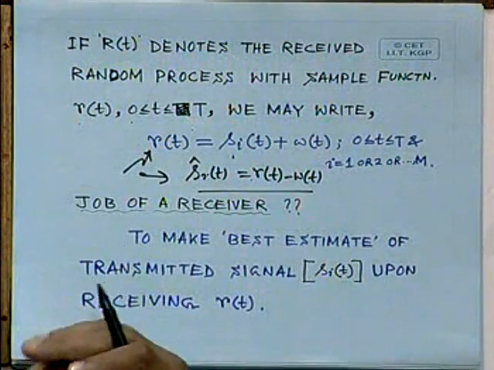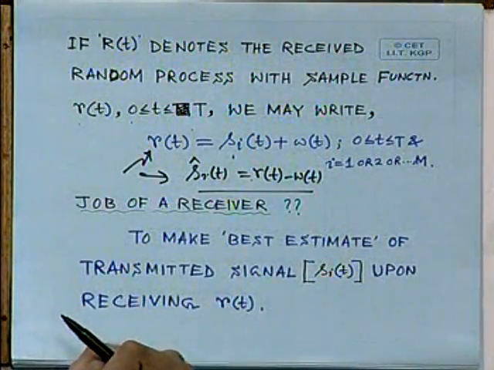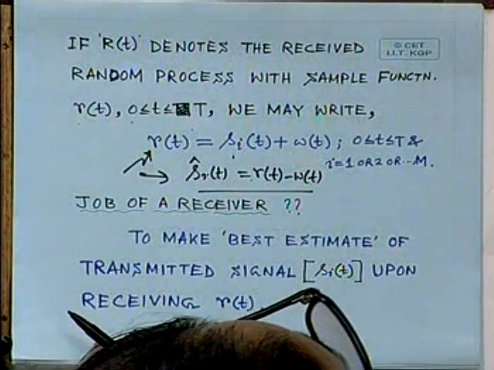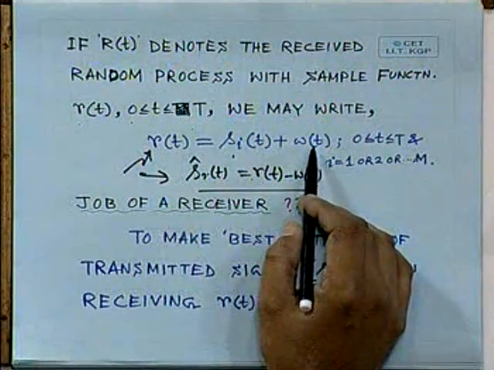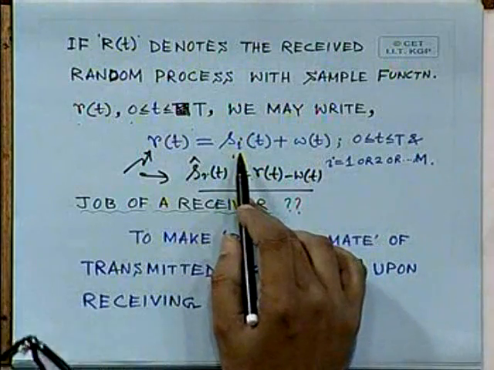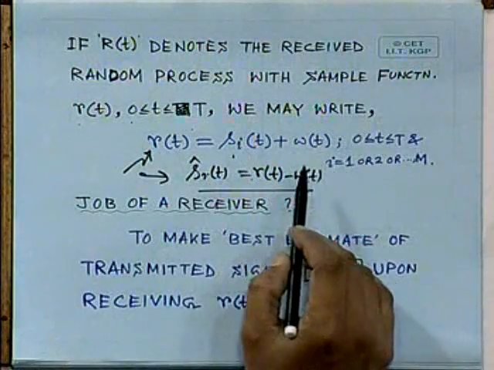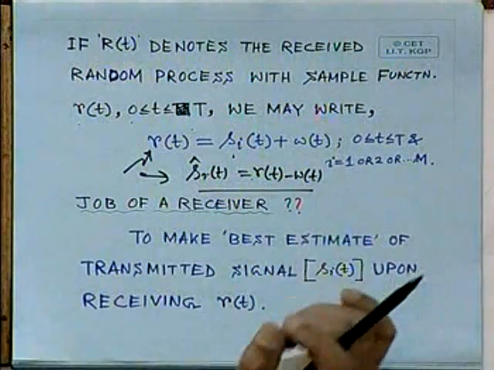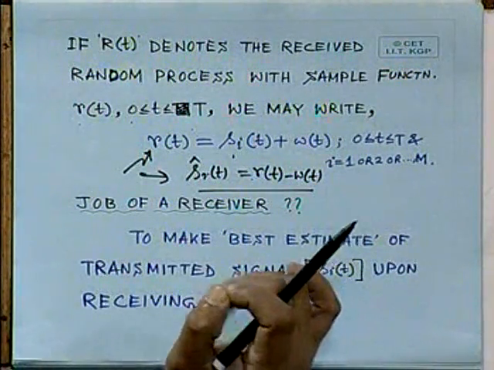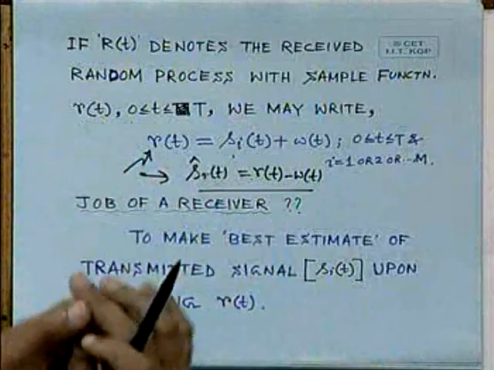This idea is very naive, and is going to be very impractical and frustrating. Because this noise has infinite possibilities, while the signal has only m finite possibilities, trying to find the noise in the observed interval capital T and then subtracting it from r of t is not a good idea.